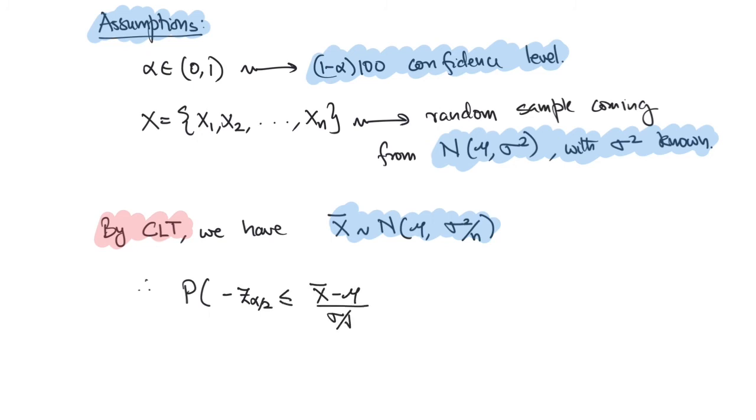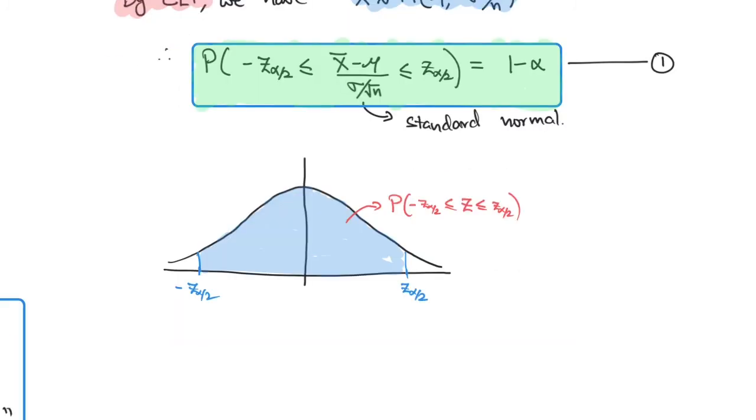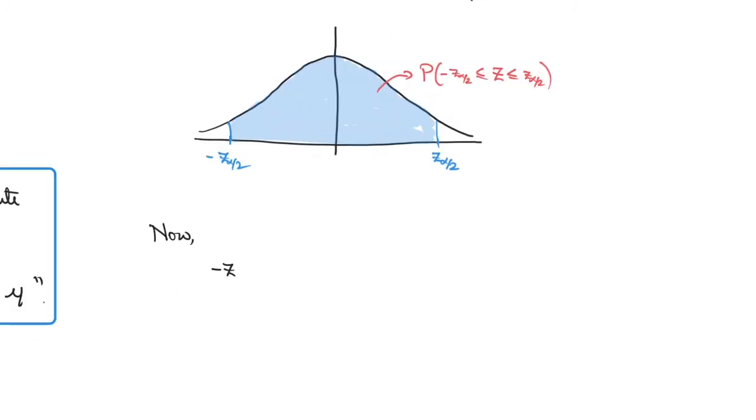Notice that z alpha over 2 is the critical value corresponding to alpha over 2. Pictorially, we are looking for the area under the curve between negative z alpha over 2 to z alpha over 2. We work through the following calculation.